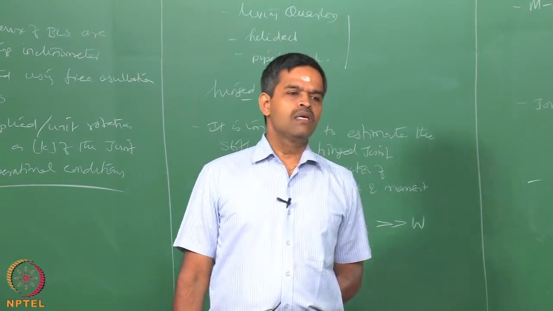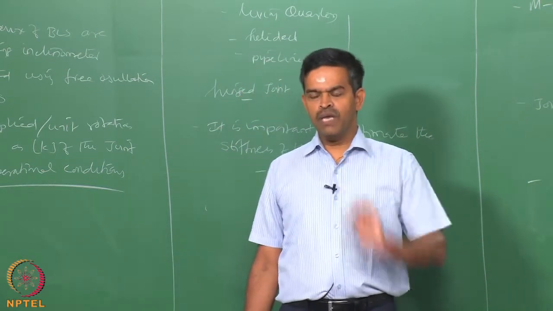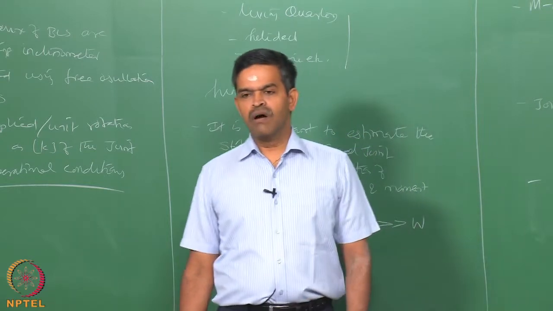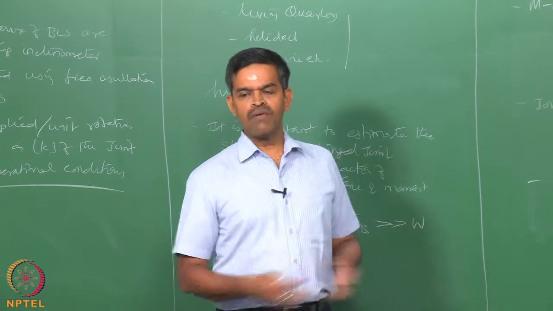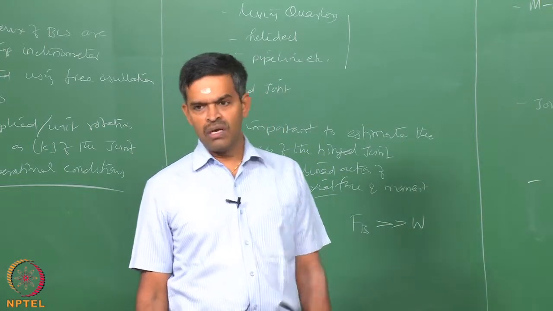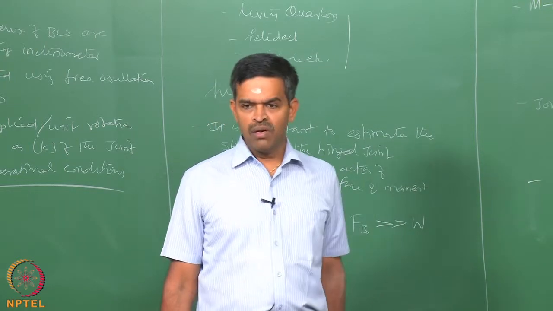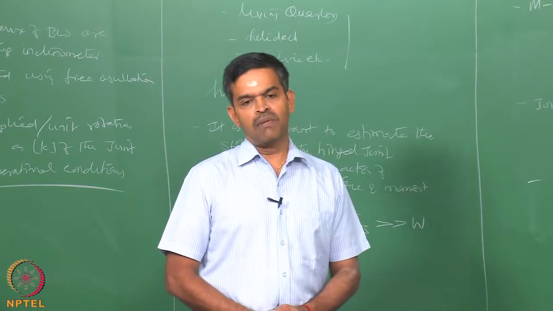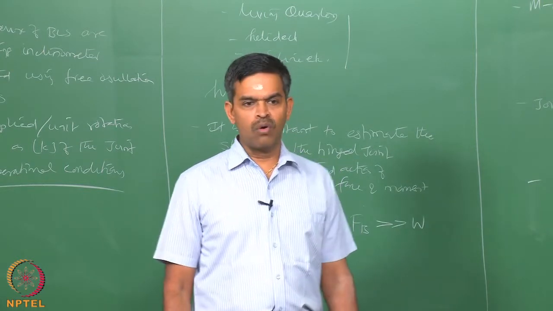So, interestingly, the variation between T0 and P under the given moment or the given rotation because of the wave action is the governing factor, which will help me estimate the stiffness of the joint, which becomes one of the important variables to assess the failure of the joint, which is nothing but the reliability analysis focus of the whole problem.